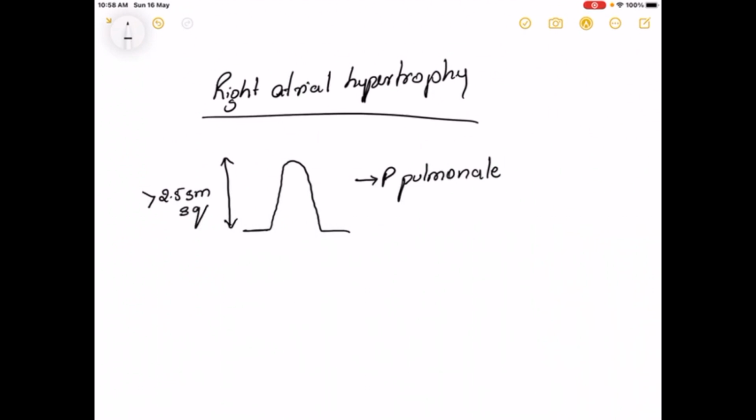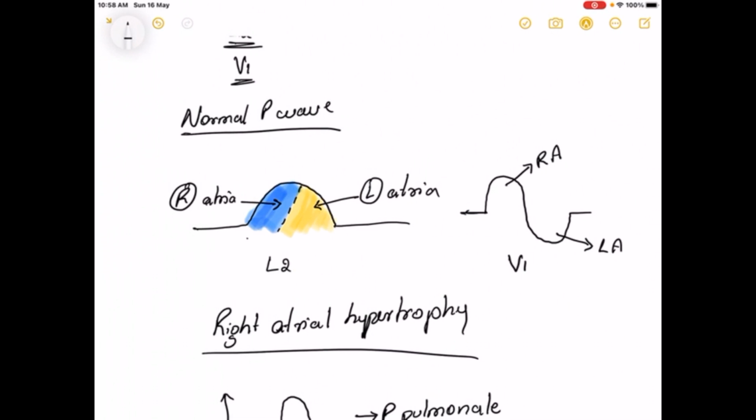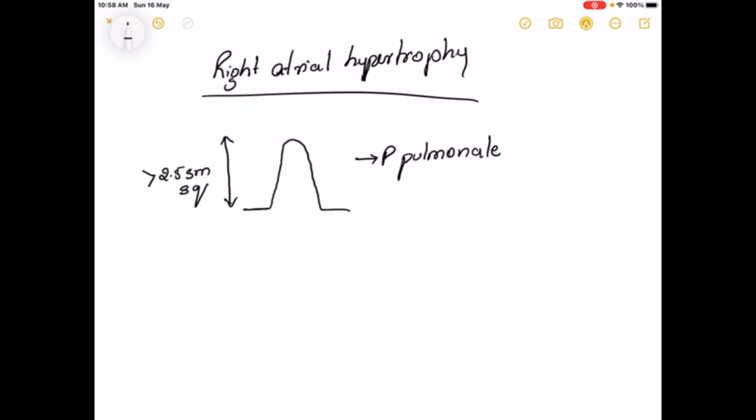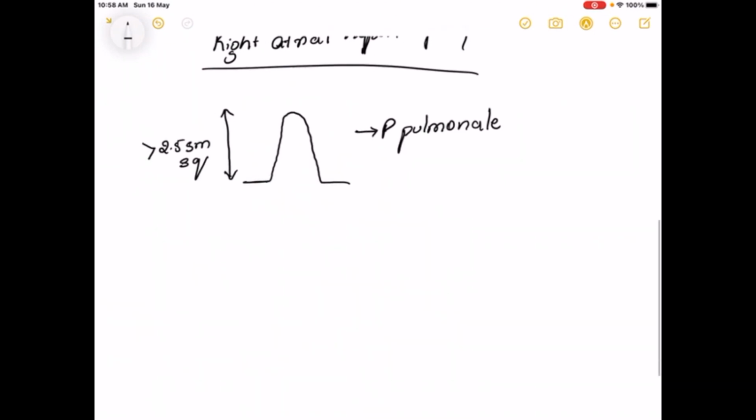Normally, the width of the P wave is 2 to 2.5 small squares, as well as the length of the P wave is also 2 to 2.5 small squares. Whereas here, in right atrial hypertrophy, the length increases, becoming more than 2.5 small squares, and this is called P pulmonale. This is in lead 2.